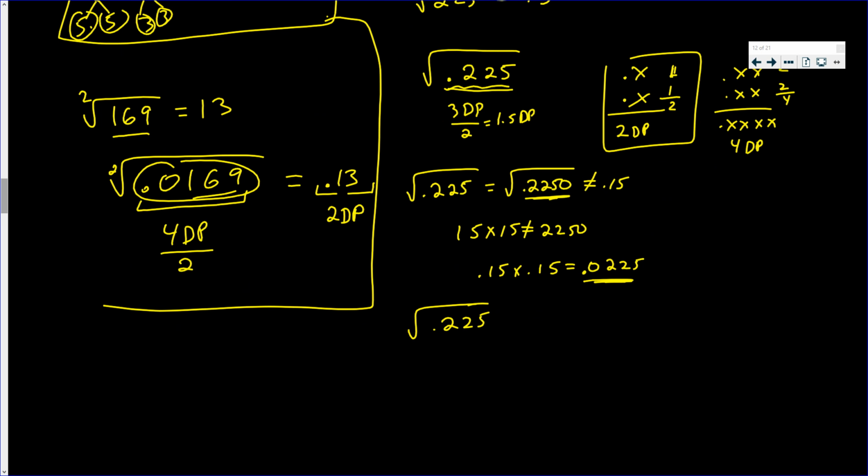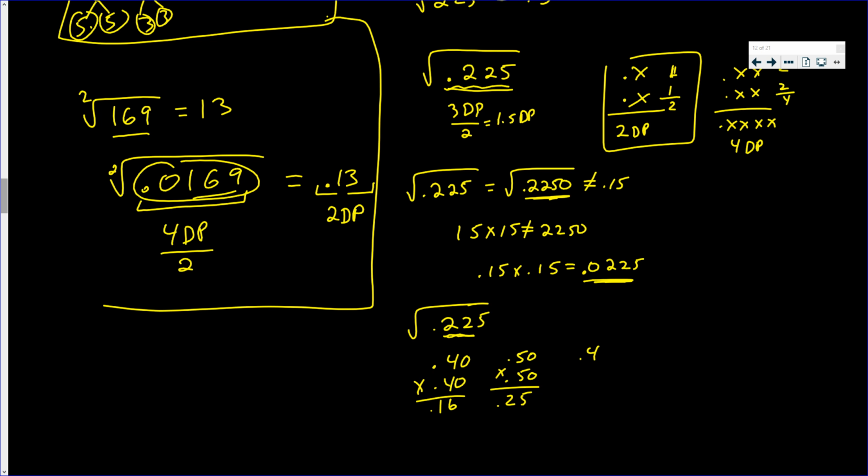Not at all. For example, 0.4 times 0.4 is 0.16. That's a little bit below 0.225. And 0.5 times 0.5 is 0.25. That's bigger. And this is the same as 0.40 times 0.40 and 0.50 times 0.50.